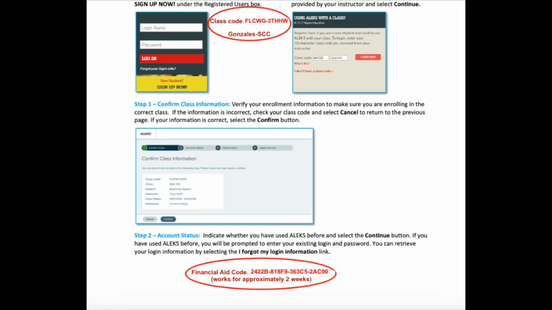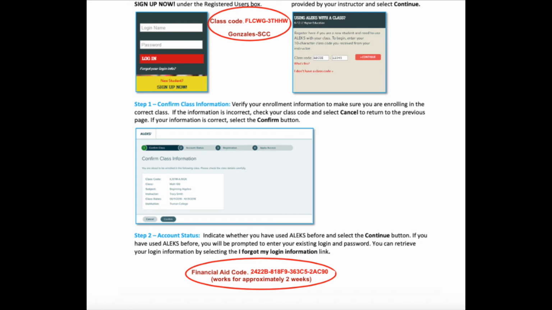Now, at the bottom of page 2 of the syllabus, I have this nice little piece that I applied for and got, and this is just called a financial aid code. It works for approximately 2 weeks for free, and then it doesn't cancel your account, but it doesn't give you access anymore. So you will have to eventually pay for it.